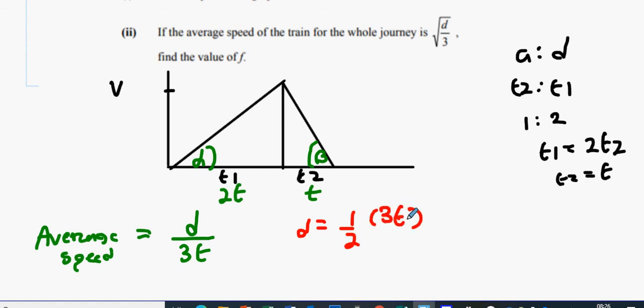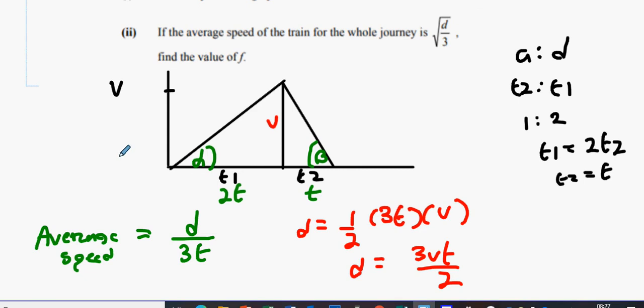And what's the perpendicular height? v. So my d value is 3vt over 2. Good with that? Alrighty. So that's the d value.